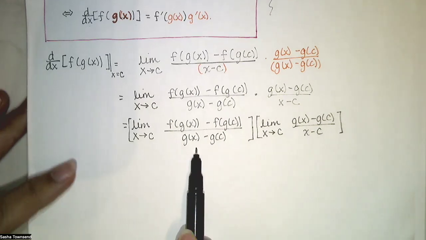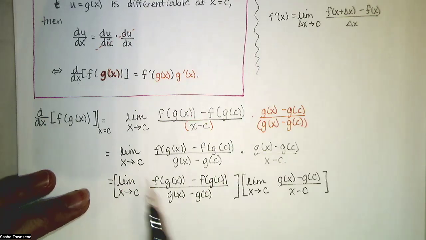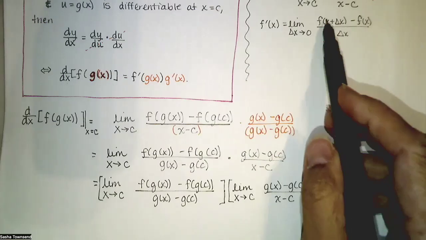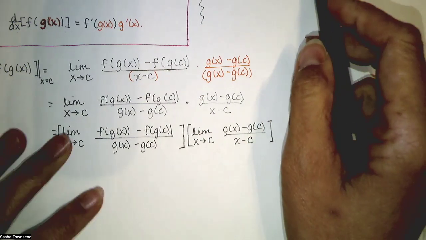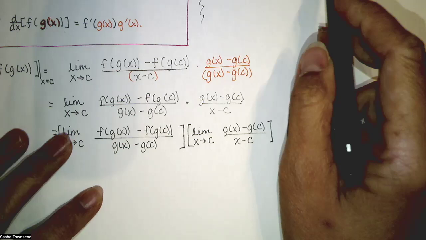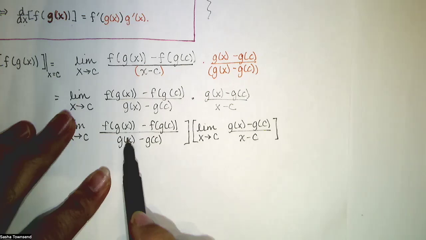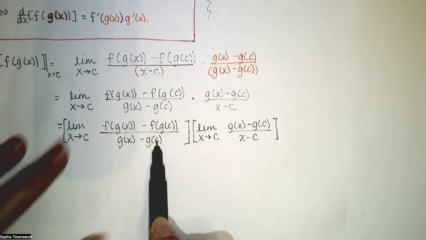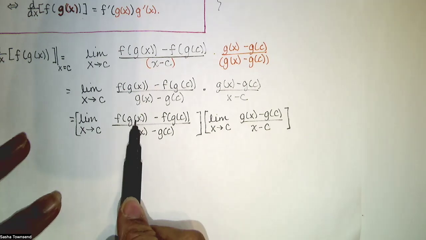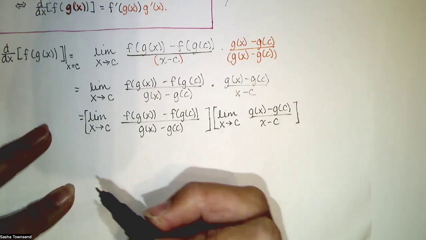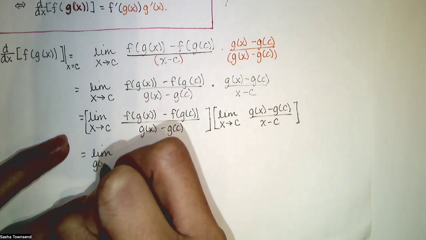Now this factor, I think, should be f prime of g of c, but I need to make sure that that's valid. So this expression looks almost exactly like that expression, except instead of an x, we've got a g of x, and instead of a c, we have a g of c. And now that's the same in the denominator. So that pattern matches as long as the limit as x approaches c of g of x is equal to g of c. So the claim I want to make is that this limit is equal to this limit.